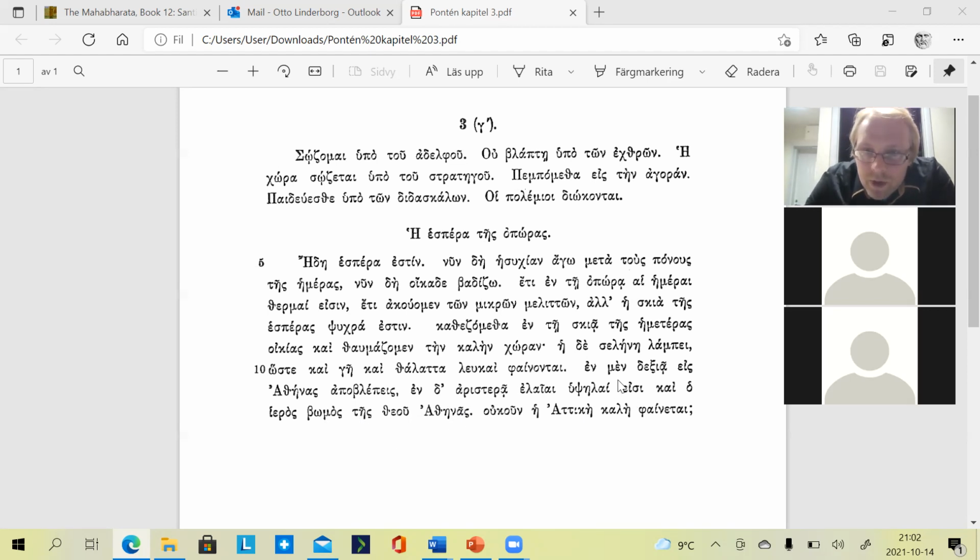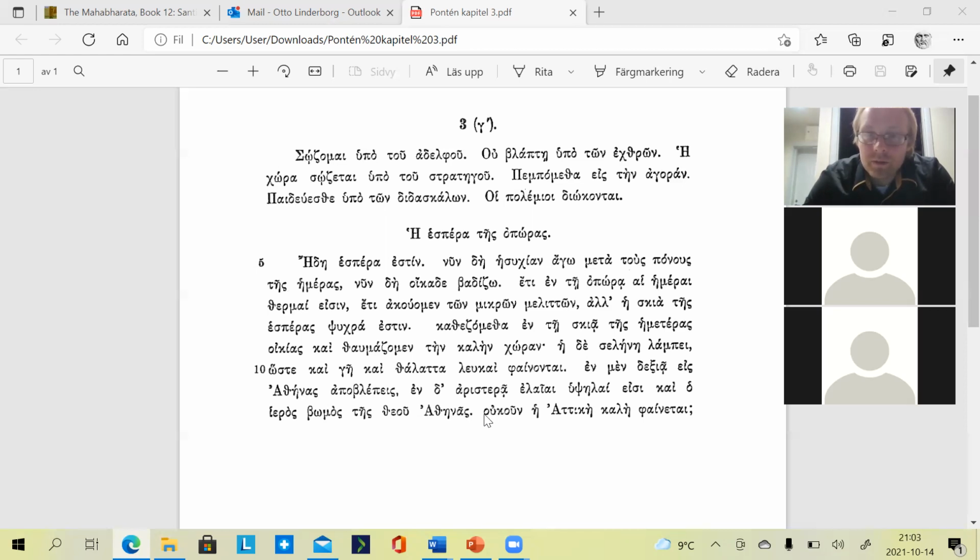So the whole sentence: on the right, you see Athens. And on the left, there are tall olive trees and the sacred altar of the goddess Athene. Okay.